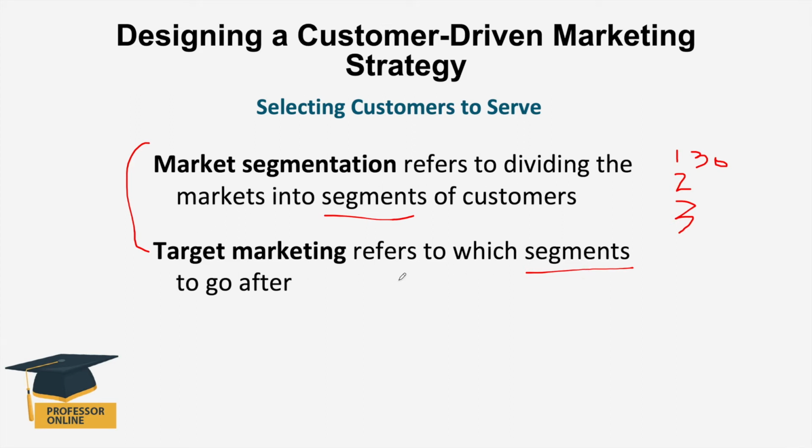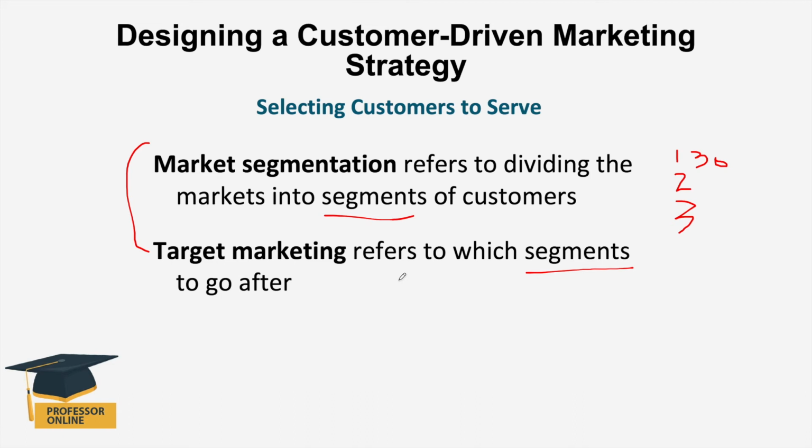So you've got segments of different types, and out of those segments, you select one segment to sell your product to, because you feel that particular segment is going to be more profitable as compared to the other segments. For example, if I'm a manufacturer of dry milk for newborns, which particular target market will I sell my dry milk to?